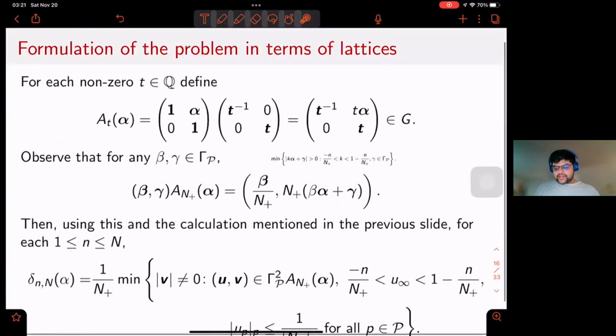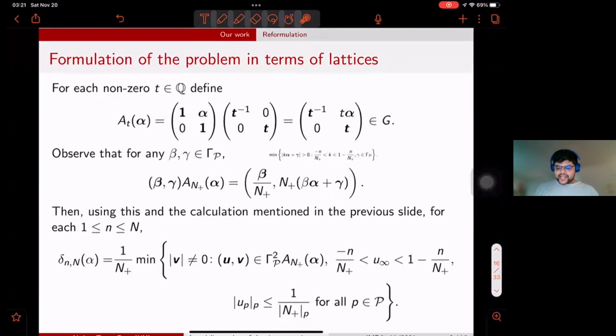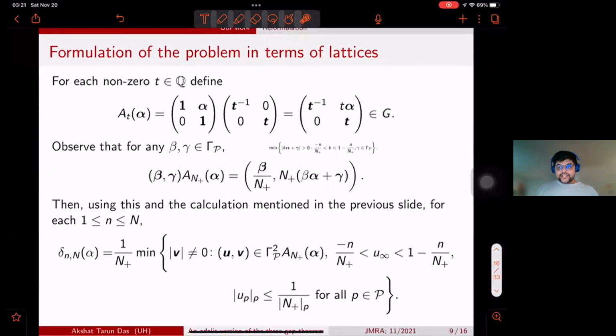So, in our effort to get everything in terms of the space of lattices, we can use this calculation to rewrite the nearest neighbor distance. What we do is we consider these particular lattice vectors, which are determined by the restrictions that we have on the first component.